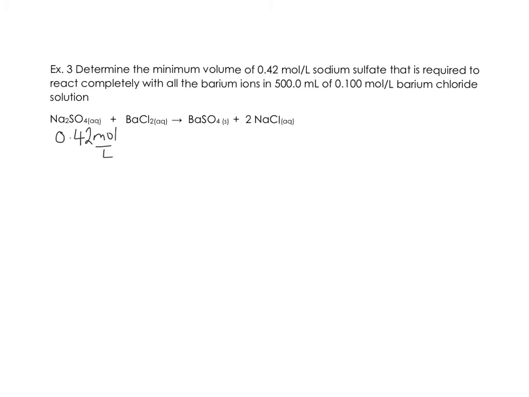So we know we've got that concentration. The volume we're trying to figure out. Barium chloride, we have 500 milliliters. So if we convert that, that's equal to 0.5 liters.